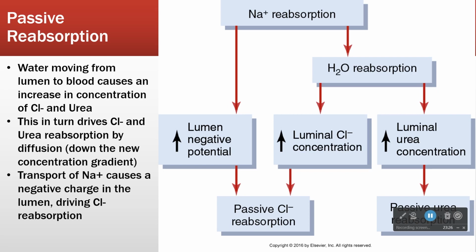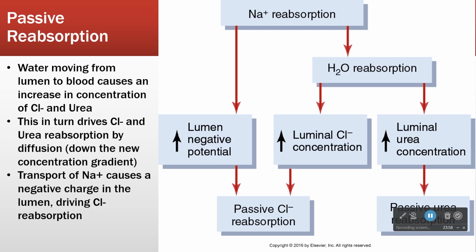Absorption of water is going to trigger an increase in luminal chloride concentration. Why? Because you took the water away. Remember, one of the ways to increase concentration is to remove water. So that's what we've done here. We've taken water away. That's increased the concentration of both urea and chloride. Urea is passively reabsorbed along with some water. Chloride is passively reabsorbed along with some water.